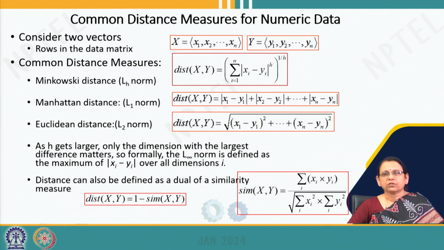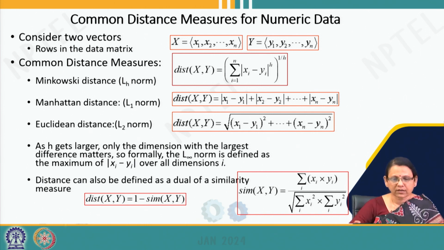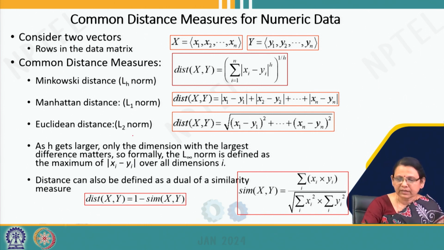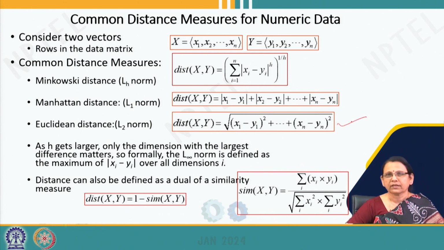Now, come to the numeric data. In numeric data, one very well known distance measure is the Euclidean distance. This Euclidean distance is also called the L2 norm.